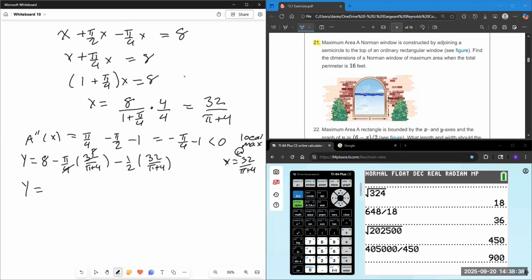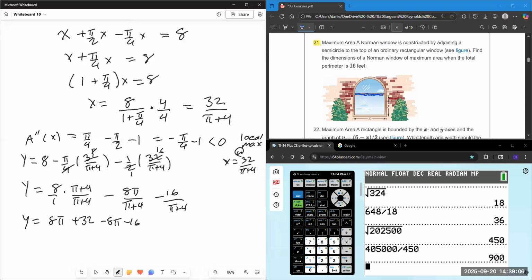So y equals 8 times pi plus 4 over pi plus 4 to make a common denominator, minus 8 pi over pi plus 4, minus 16 over pi plus 4. Y will be 8 pi plus 32 minus 8 pi minus 16 over pi plus 4.